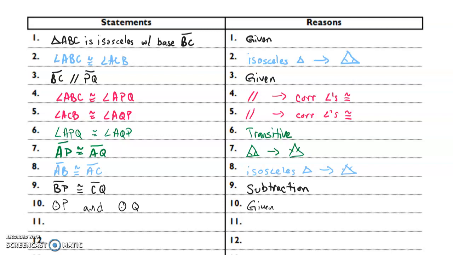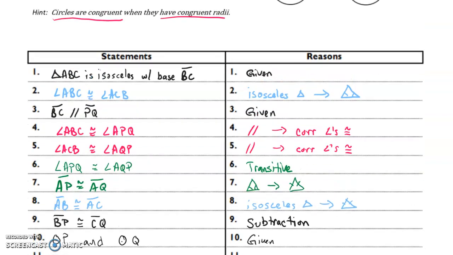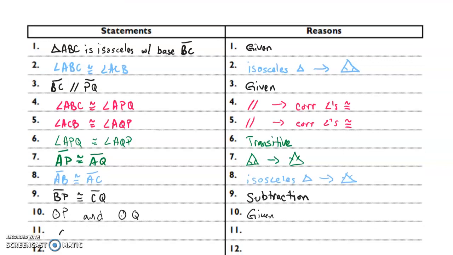Now I get to the fact that these are circles, and it's circle P and circle Q, which is incredibly important because that puts P and Q at the center, and I have now shown that they are congruent. I can now state circle P is congruent to circle Q because radii congruent implies circle congruent.